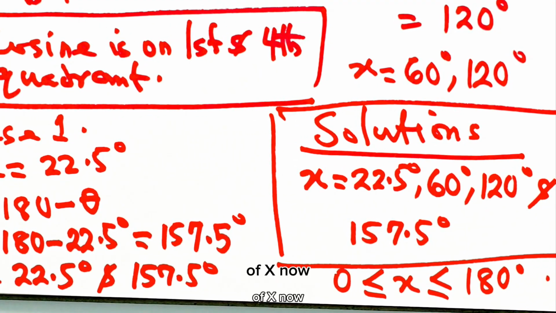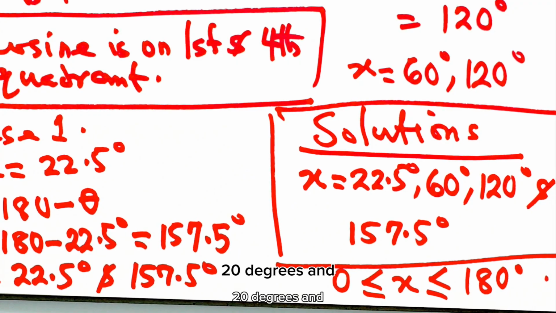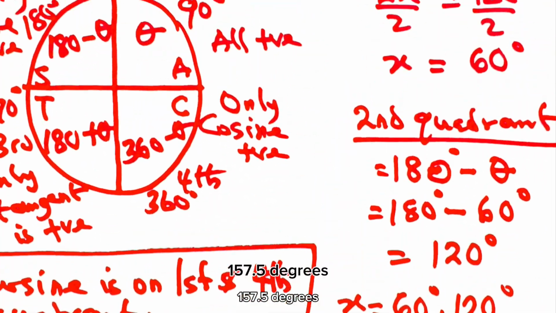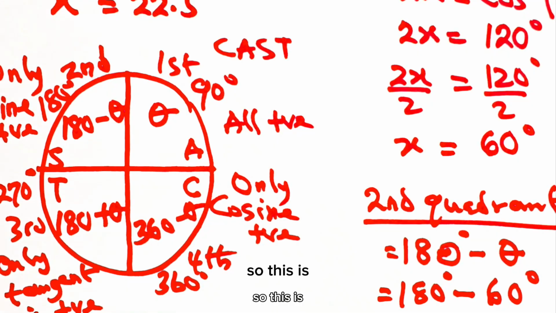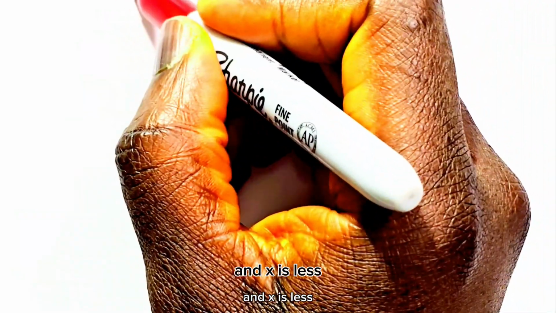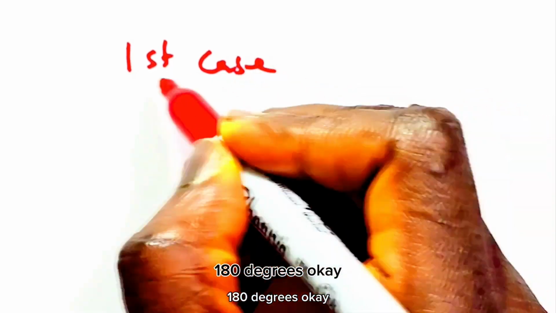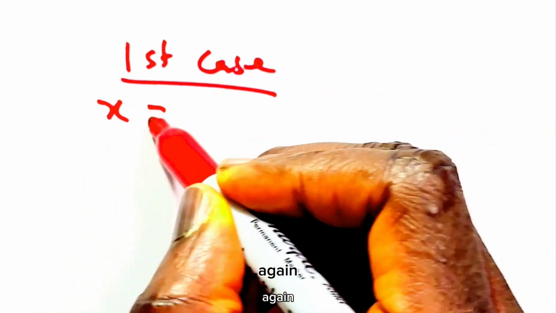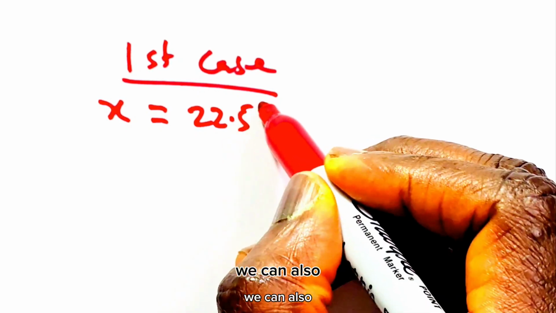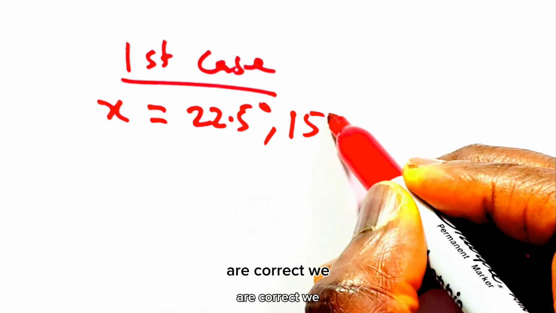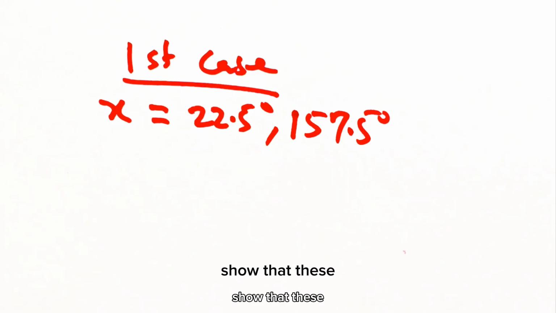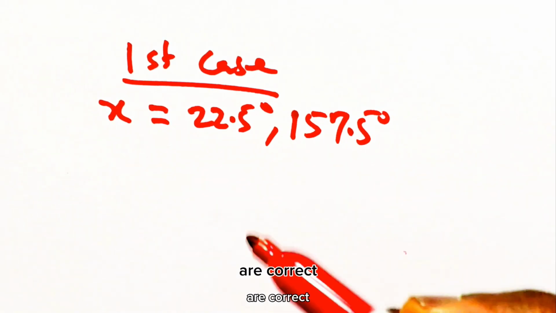Okay, again, having done this, we can also show that these are correct. How do we check that these are correct? Permit me to move this over. This is a very tricky and very interesting question. So we have that in the first case, x equals 22.5 degrees and 157.5 degrees.